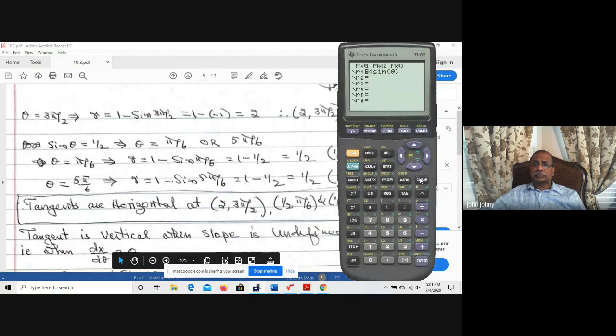r is equal to 1 minus sine theta. We have to set the window. Window 0 to 2 pi.